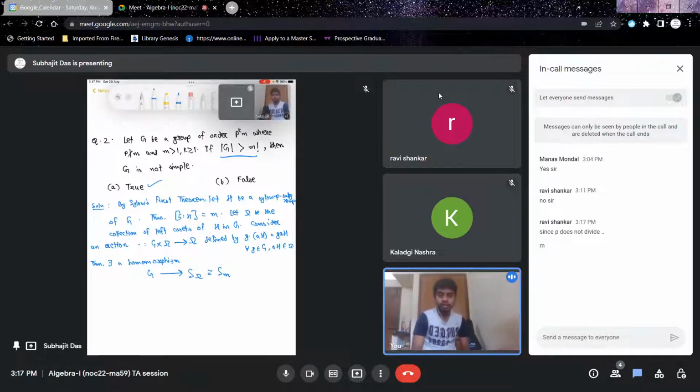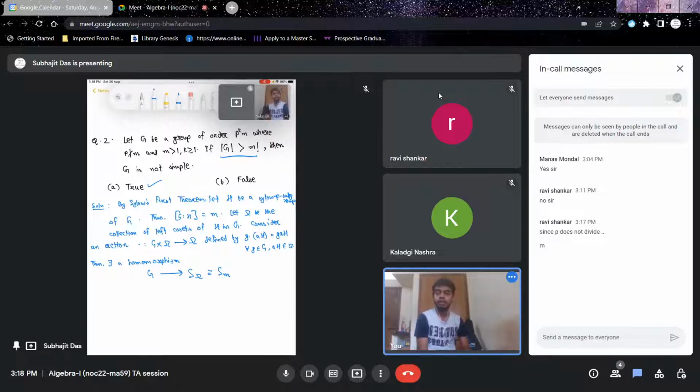No, that's not the answer. P does not divide m doesn't imply that this homomorphism can't be injective. If this homomorphism is a monomorphism, then G is isomorphic to a subgroup of S omega, and hence the order of G divides the order of S omega, which is m factorial.